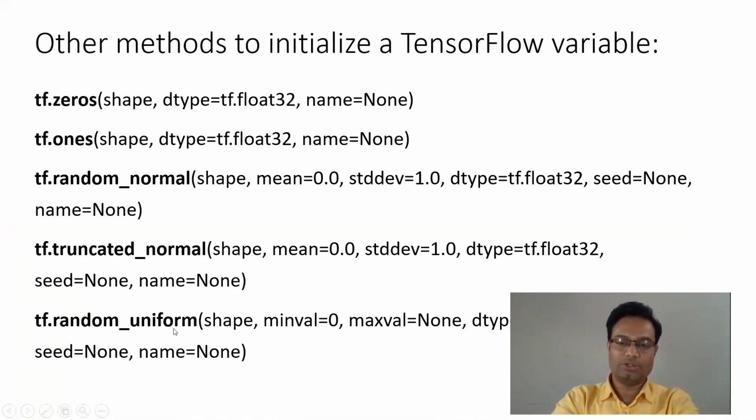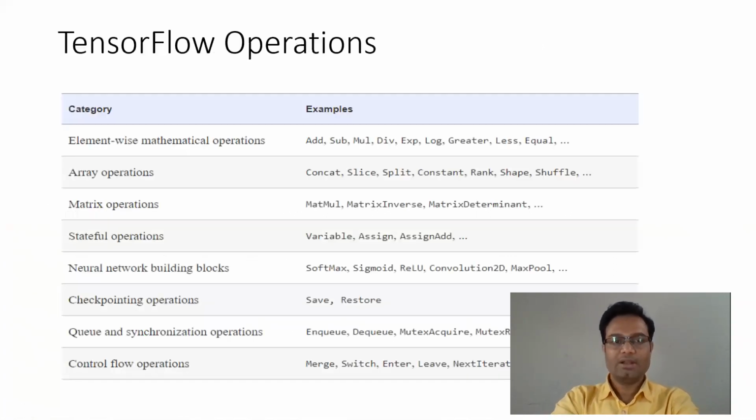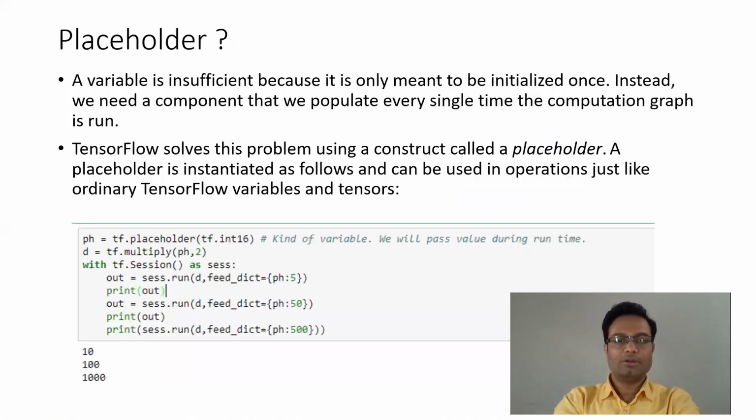All those ways you can do that. These are the operations you can do on your TensorFlow node: add, subtraction, multiplication, division, greater, less, equal, and all the matrix operations, array operations, checkpoint operations, control, merge, switch. These are very useful and actually required for model building.